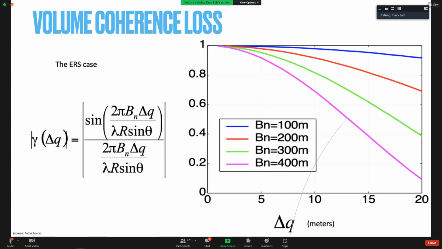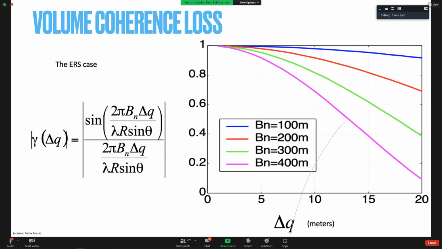So if you have a very short baseline, we do not have so much coherence loss compared to a very larger baseline, where we lose coherence very fast in a volume. So if we have volume scattering, that also means we see relatively fast coherence loss.